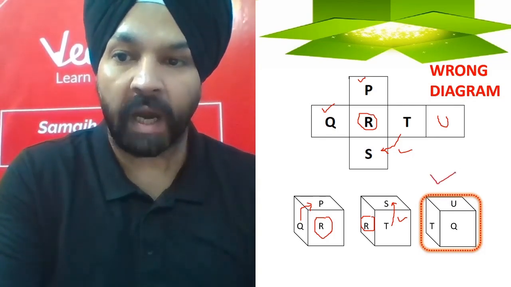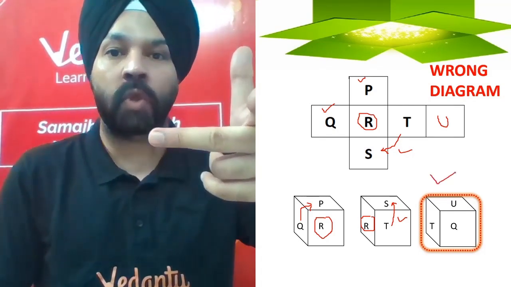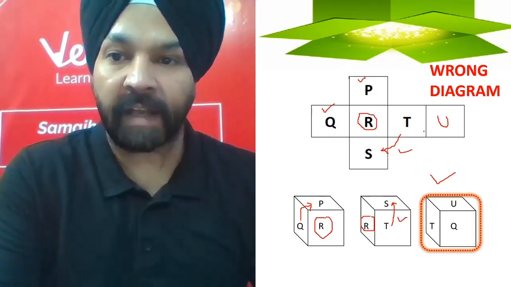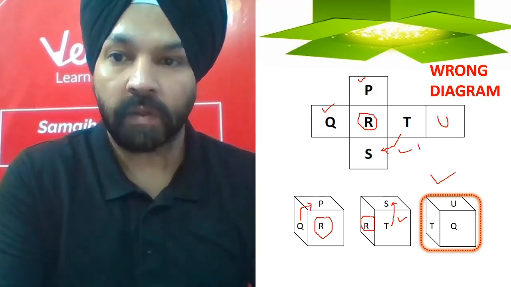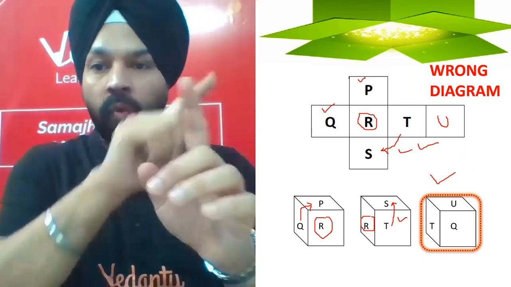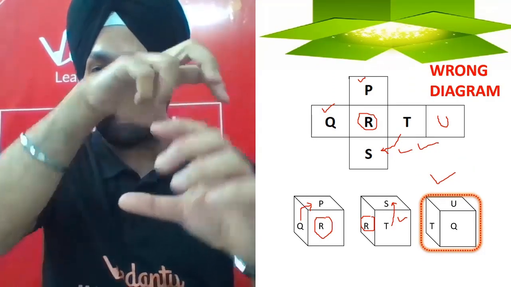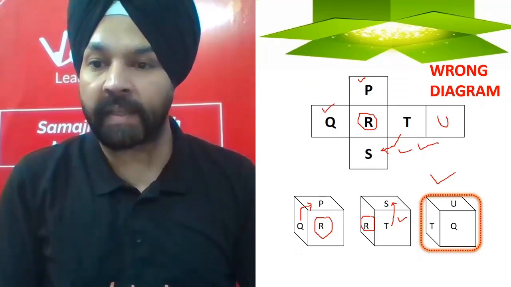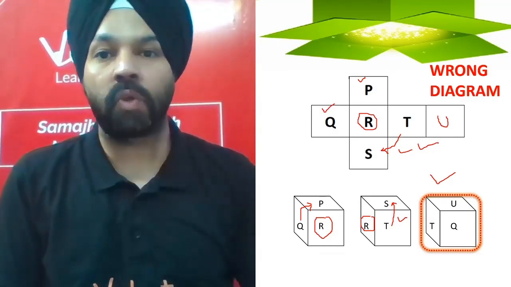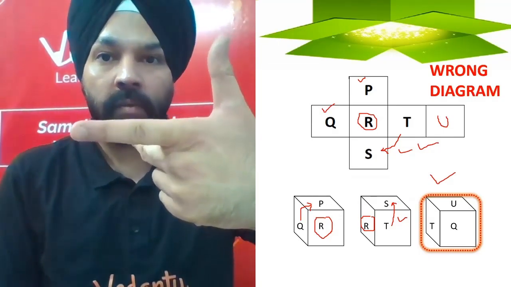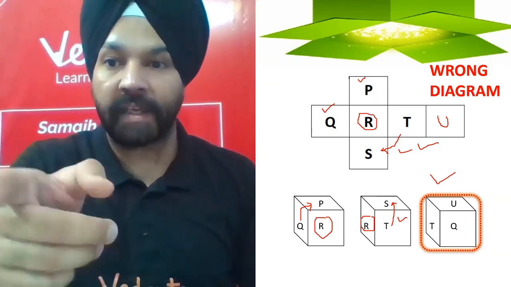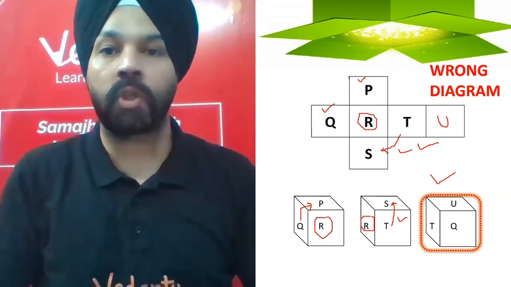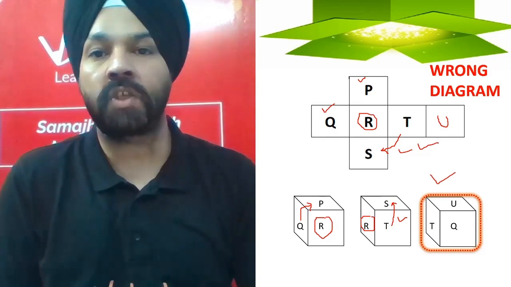T, U and Q are mutually perpendicular. But if I wrap up this diagram, T, Q and U will be in line, like in a belt, right? Which is not the case. My third diagram says T, Q and U should be perpendicular to each other, which is not the case in this wrong diagram. So from here also you can infer that this diagram is wrong.